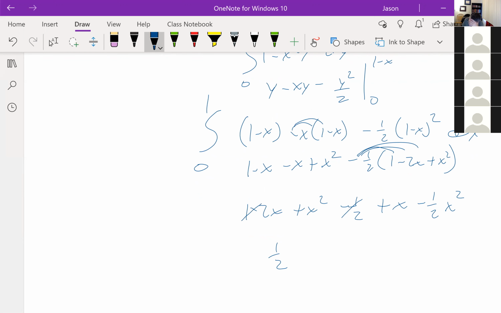Negative 2x and x gives minus x. And x squared minus 1/2 x squared is 1/2 x squared. Integrate from 0 to 1 dx.